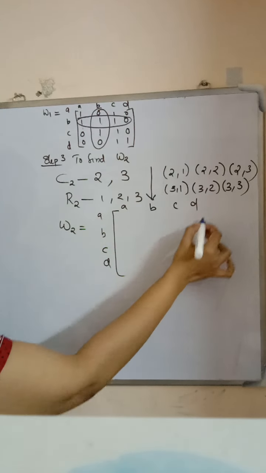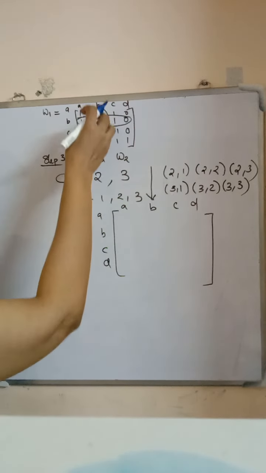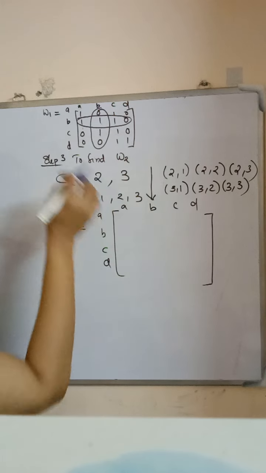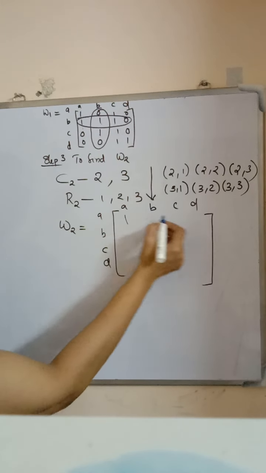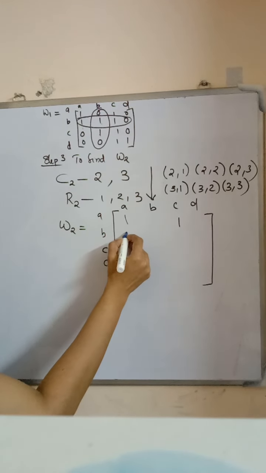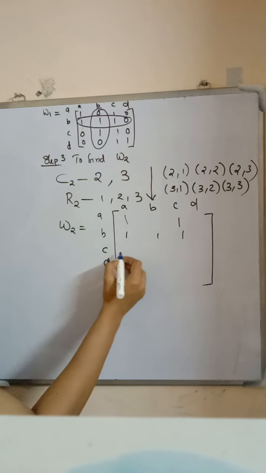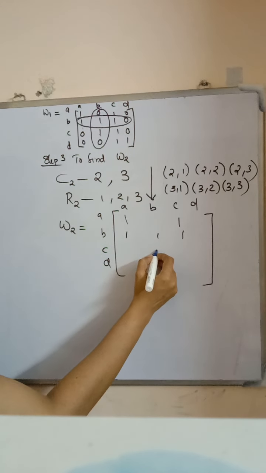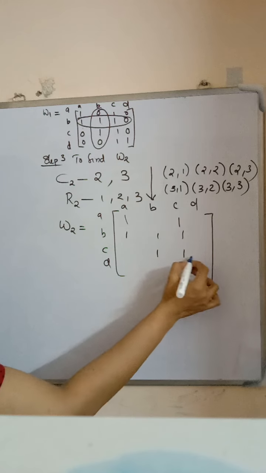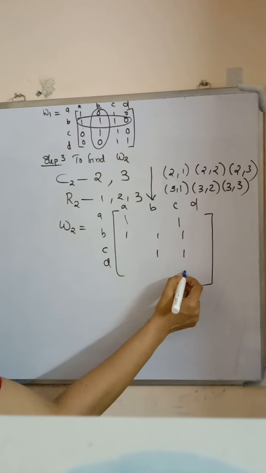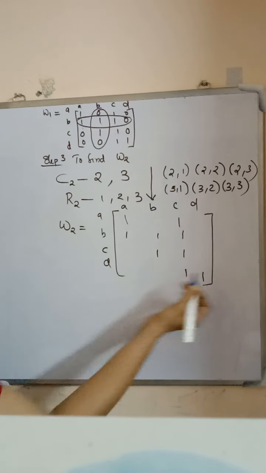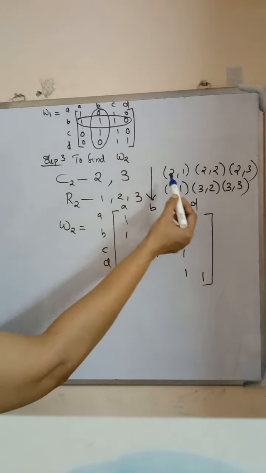For W2, we write all the ones in W1 here. So the first row 1, 1, in the second row 1, 1, 1, and in the third row C related to B, C related to C, and in the last row C related to C and C related to D.